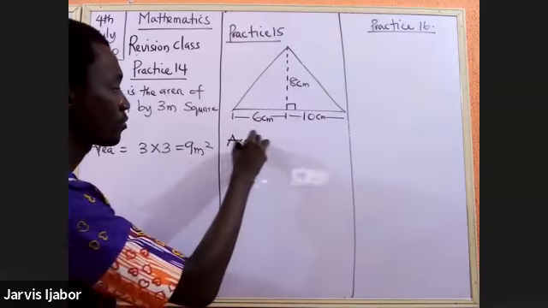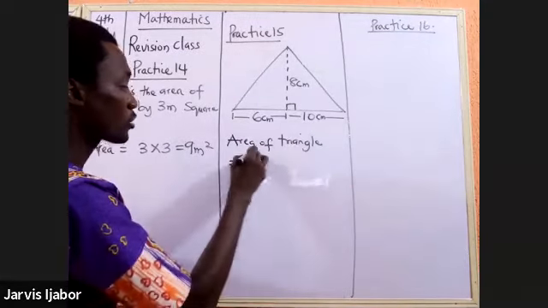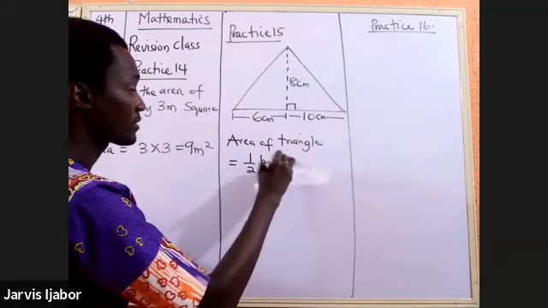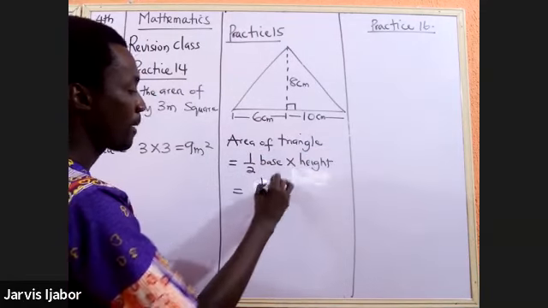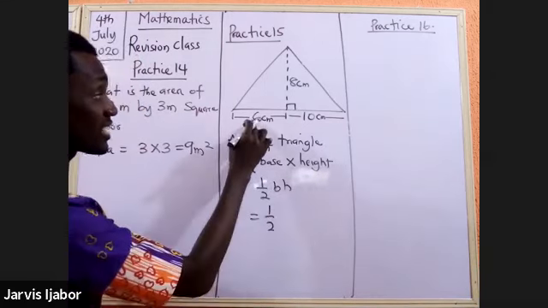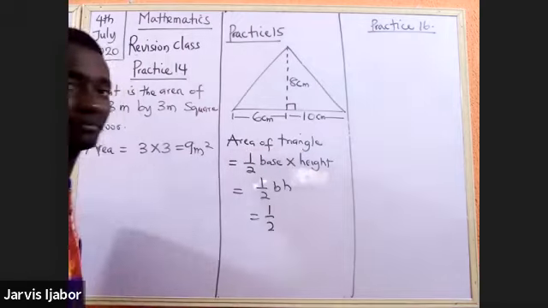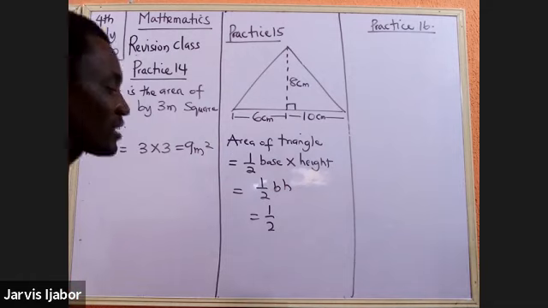Area of triangle is equal to half base times height. That is half BH. What is your base in this question? Your base is 6 plus 10.